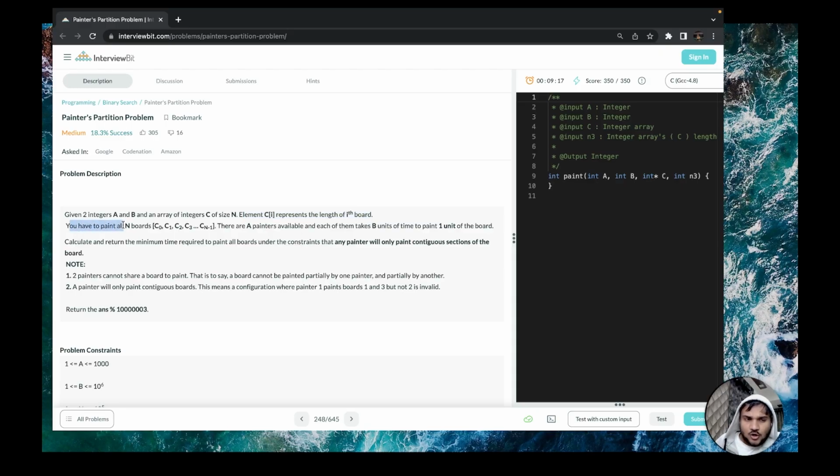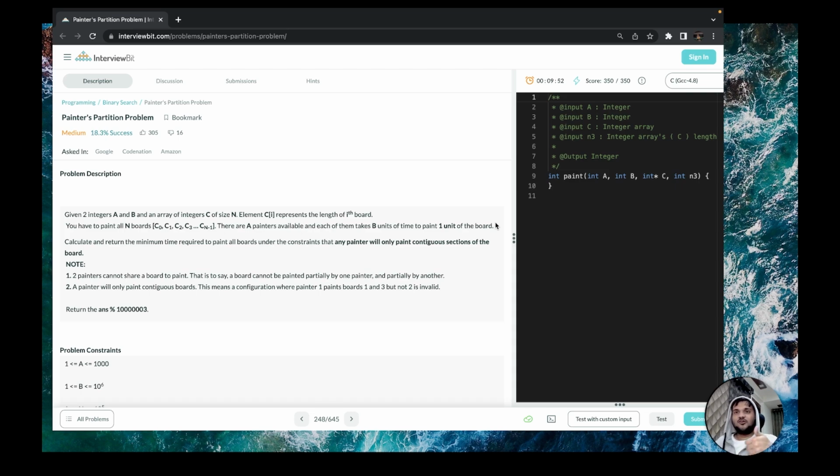You have to paint all n boards. You are expected to paint every single board, from the 0th index to the n minus 1th index. There are a painters available. So the total number of painters you have is a, and each one of them takes b unit of time to paint 1 unit of board.